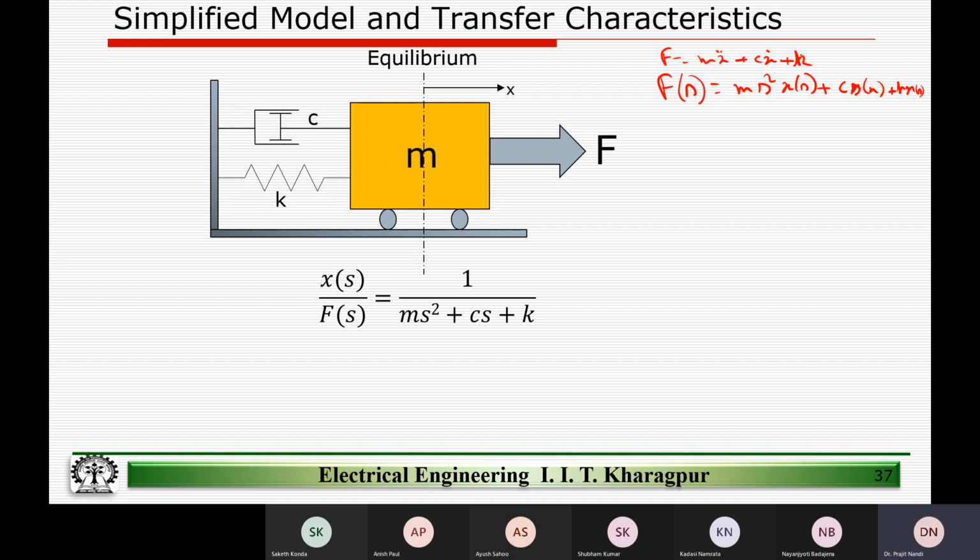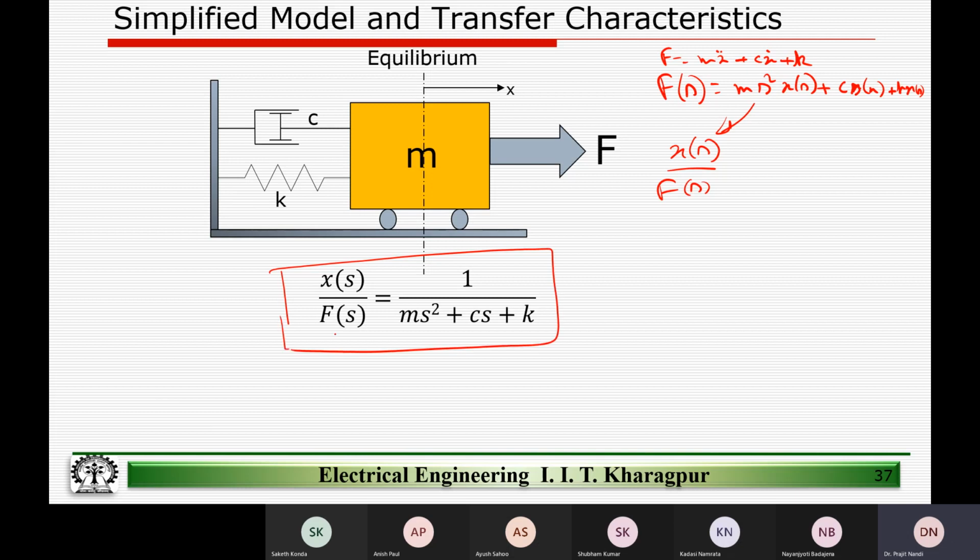I've just taken the Laplace transform, and if I simplify it, I can write Xs by Fs. The same thing I can rearrange and write, and this is what we get. Again, not a big deal. We have derived this from first principles.